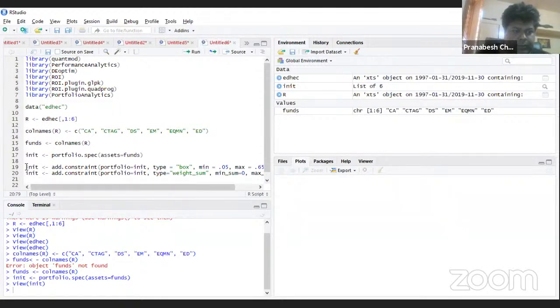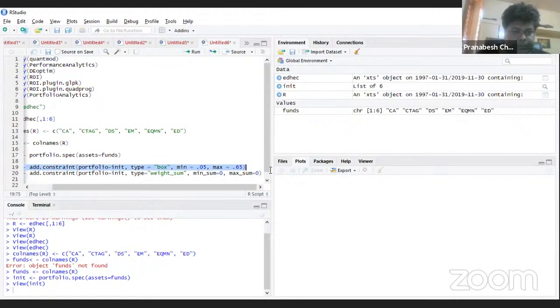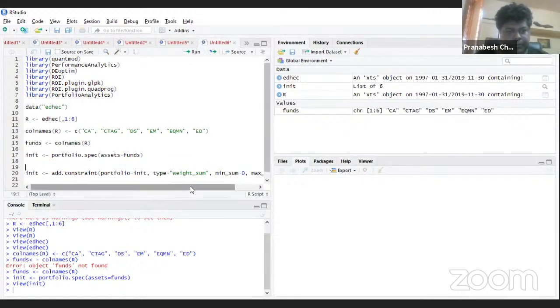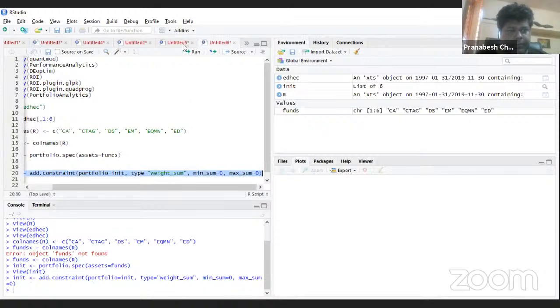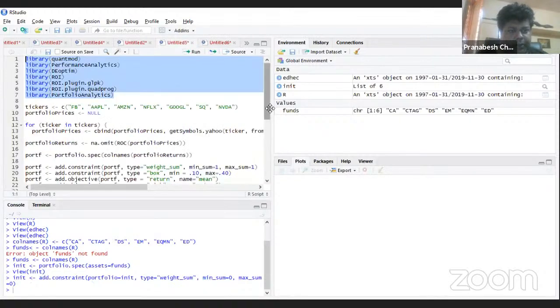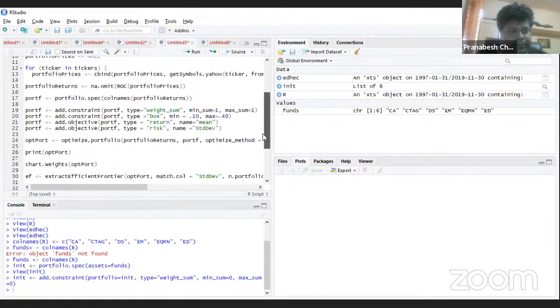And let's not define this. We add this constraint, and then let me call these other things.